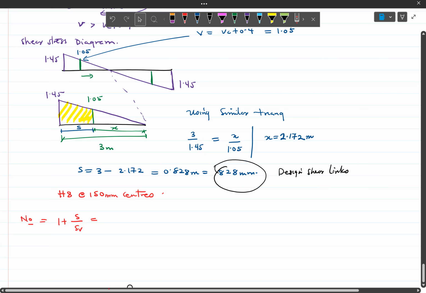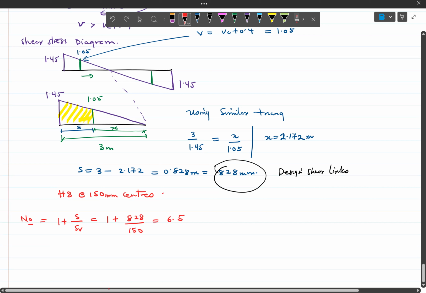So this should give me 1 plus 828 over 150, and I think that should give me 6 point something. Let's say 6.5 something, I'm sure. So let's say 828 divided by 150.